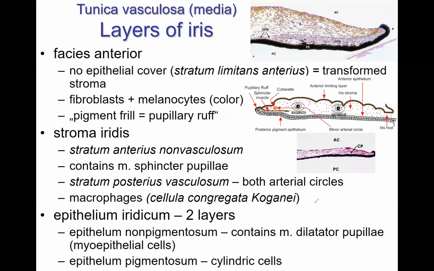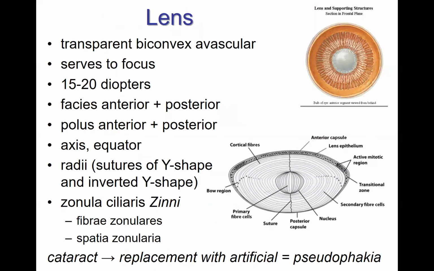Okay, question to this? If not, we have just the lens and vitreous body before the break. So what is the lens? The lens is a specific structure, and like the cornea, it is transparent. It's biconvex, not like the erythrocyte, which is biconcave, and of course avascular, so the light can go through.